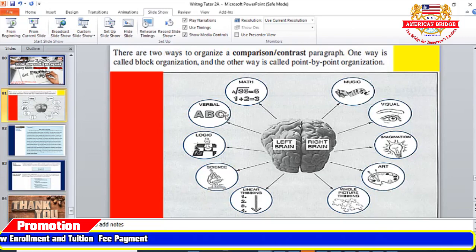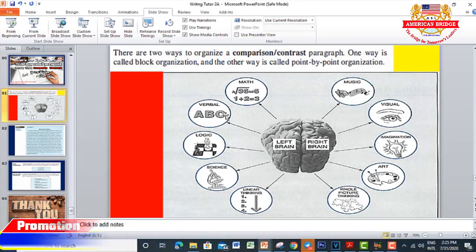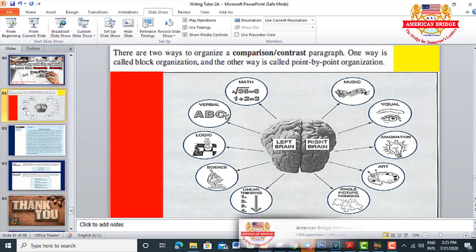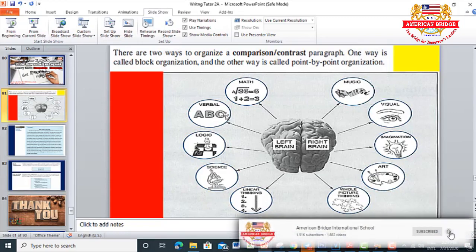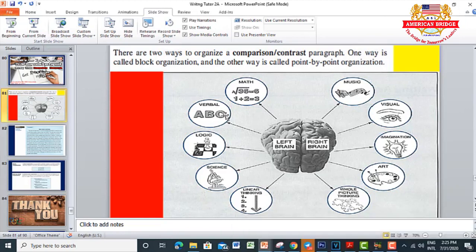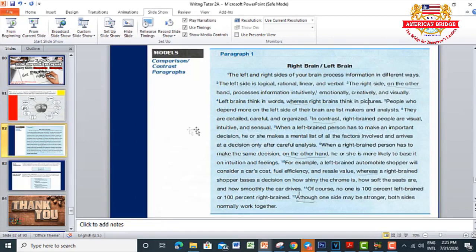If you are good at music, imagination, art, picture thinking, you use your right brain a lot. If you use your left brain, you focus on mathematics, statistics, logic, science. So you also have learned the comparative paragraph between left brain and right brain.